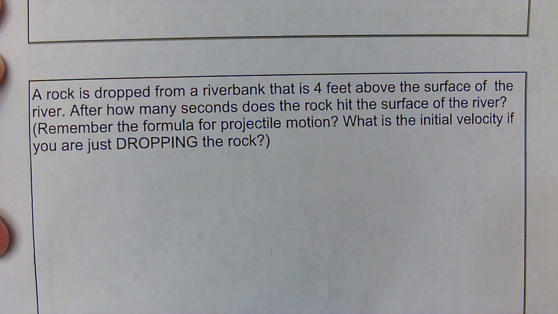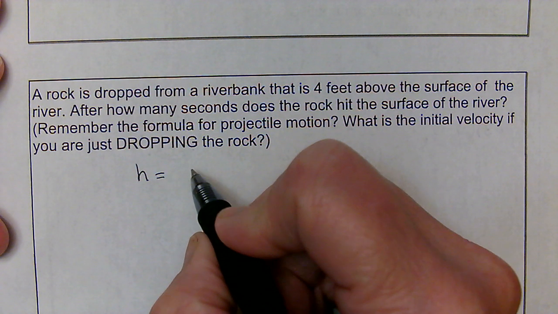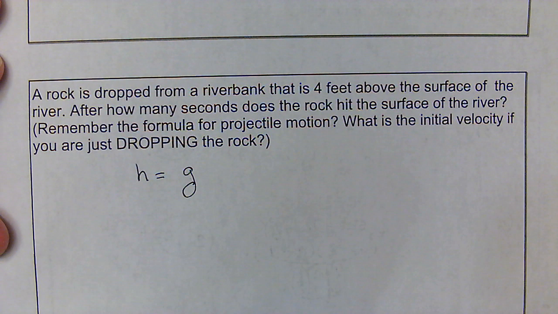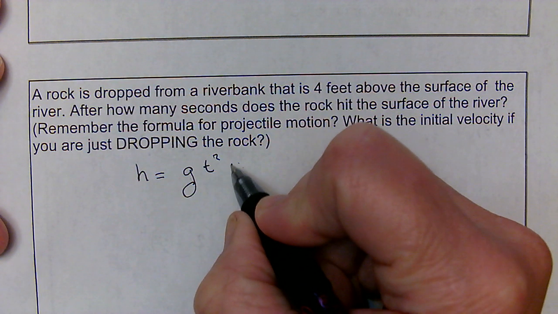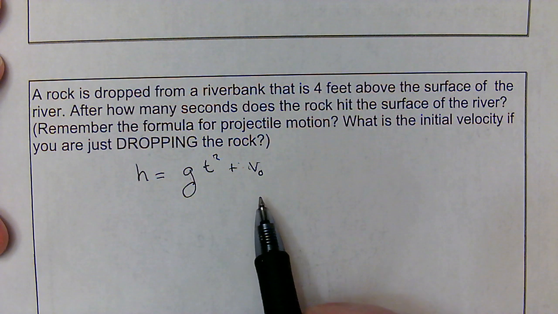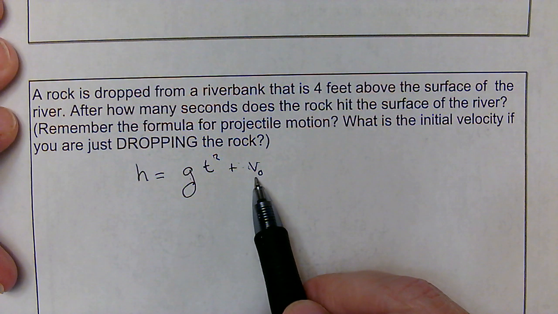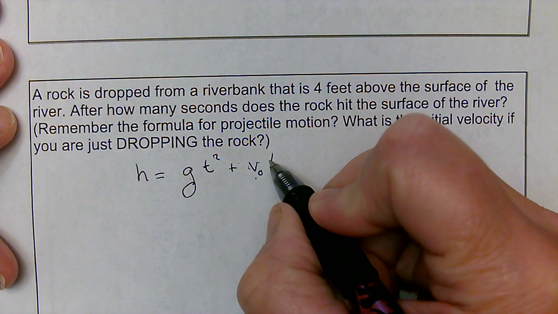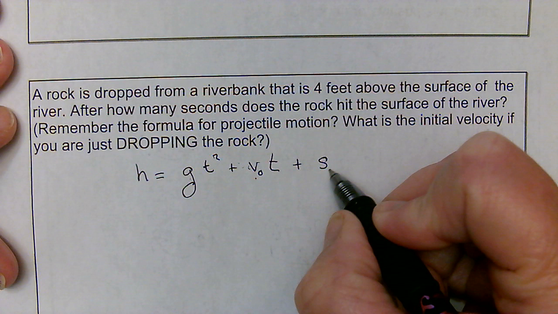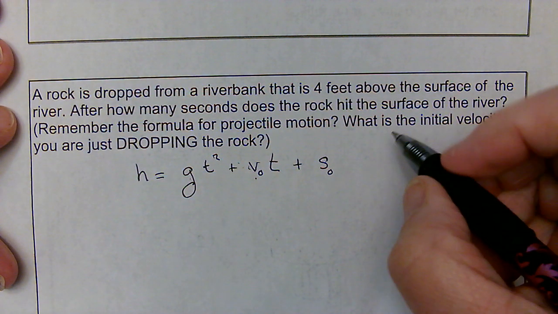And there's an equation about projectile motion that says that the height of the object is equal to a constant, which is a result of whatever gravity the planet you have is on, and we'll talk about that in just a second, times the time squared, plus v sub 0, which means the initial velocity, which means how fast was the thing moving when it started, times t, plus s sub 0, which is the initial position.